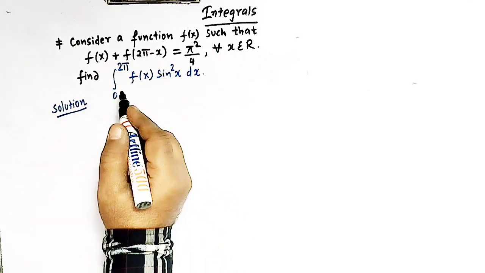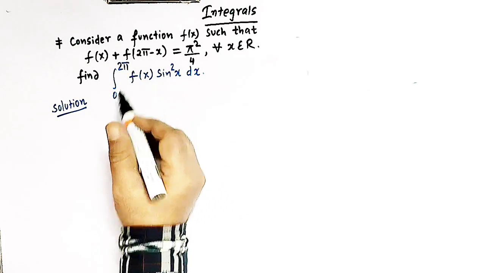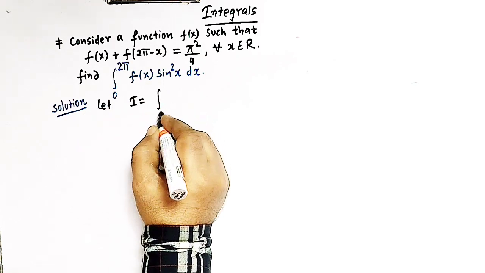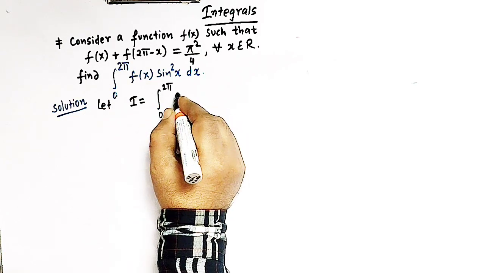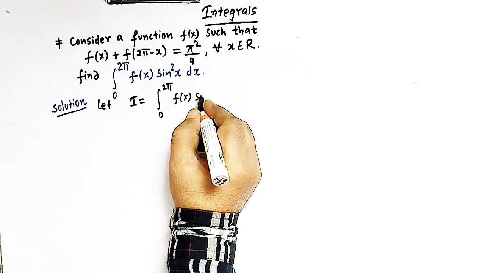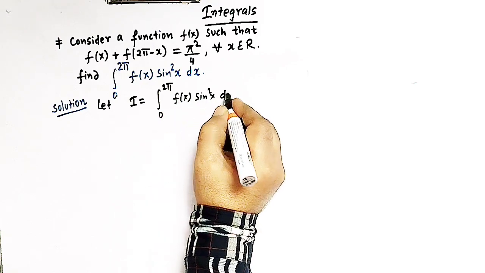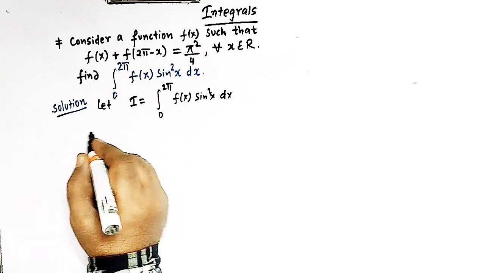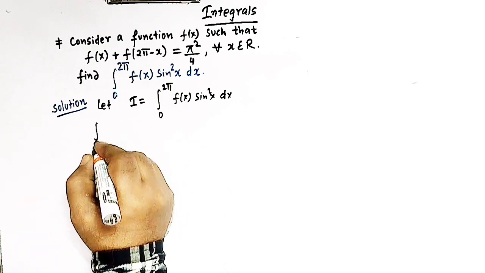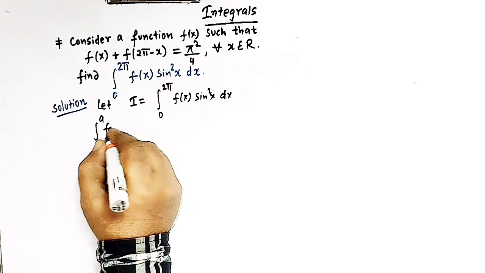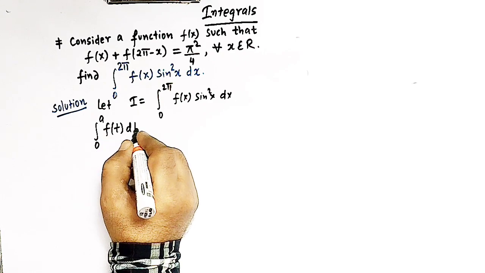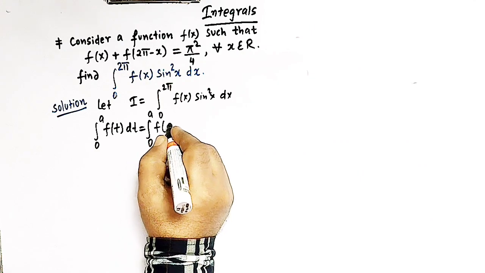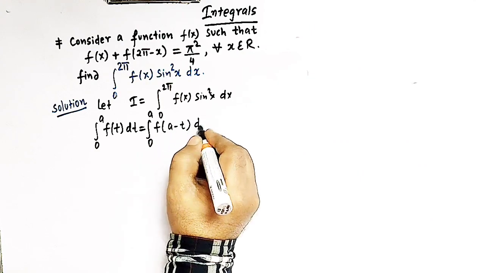So now let us first take this integral as I. So here we'll assume I is equal to the integral 0 to 2 pi f of x sine square x dx. Now let us make use of this property of definite integral, that is 0 to a f of t dt is equal to 0 to a f of a minus t dt.